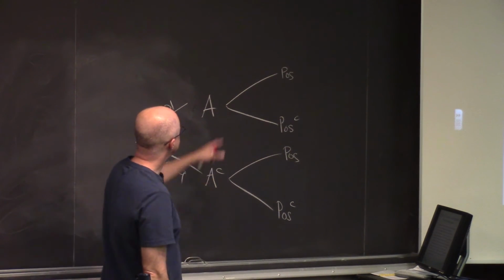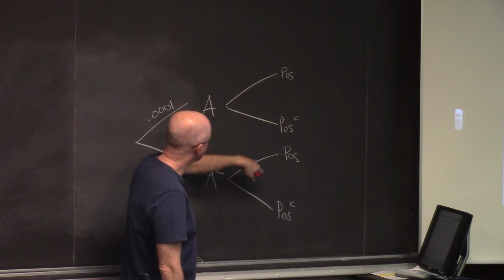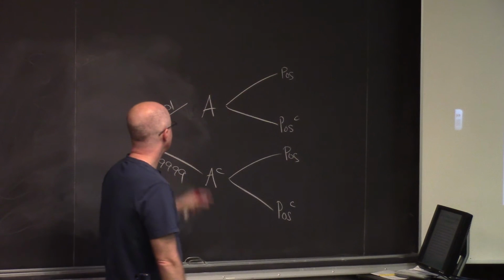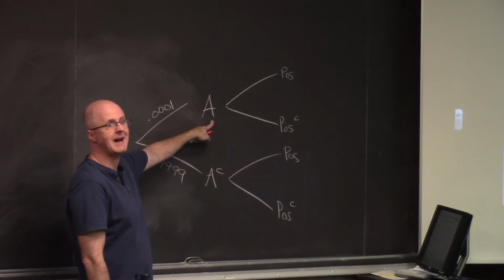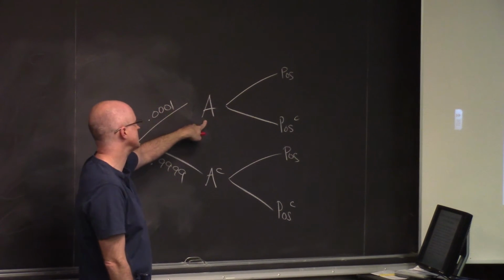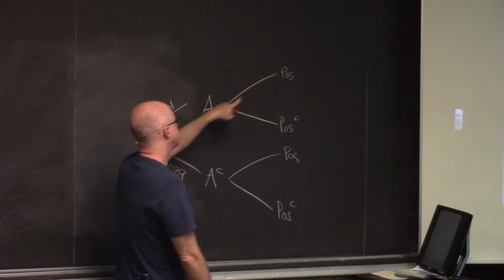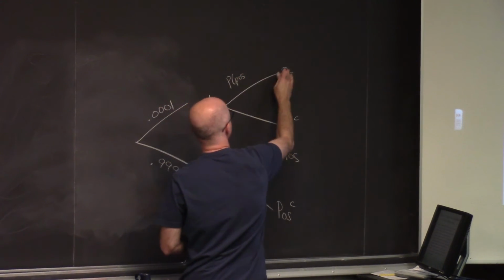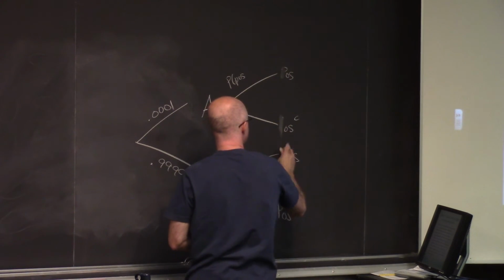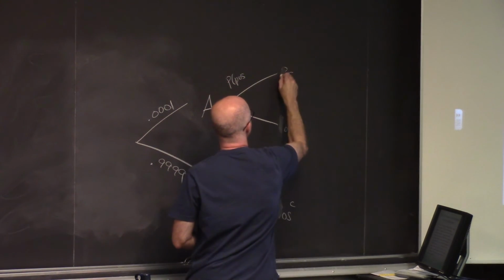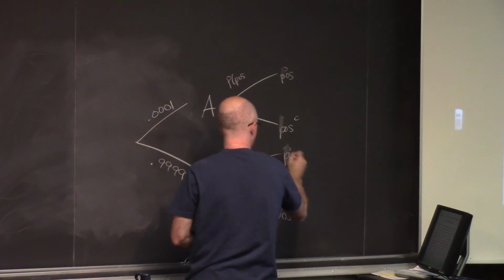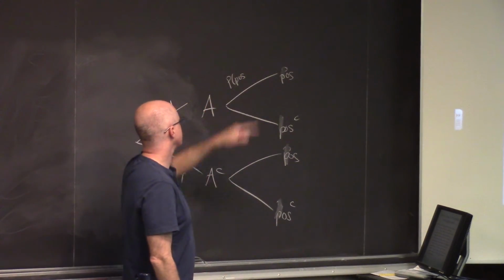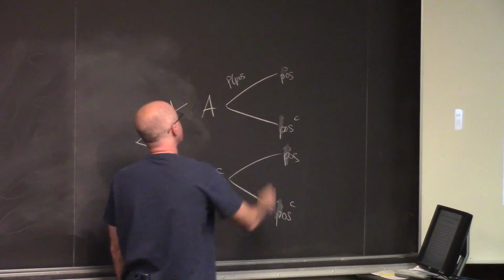With this diagram, it now turns out to be a good idea to label these branches with conditional probabilities. You've got the people who are known to have disease A, and the test comes back positive. Let me do a lowercase p here, by the way. You don't have to do it in your notes, but I wanted to do it here so I can keep it distinguished from the capital P for probability.